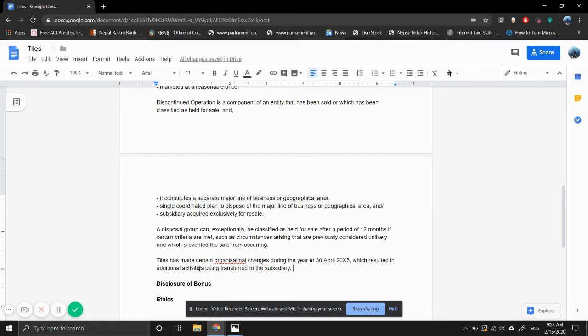That is the evidence that it is not available for immediate sale. This also confirms that the asset was not available for immediate sale in its present condition and location at the date of classification.